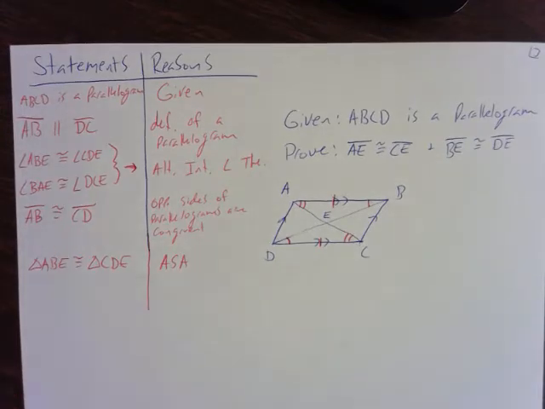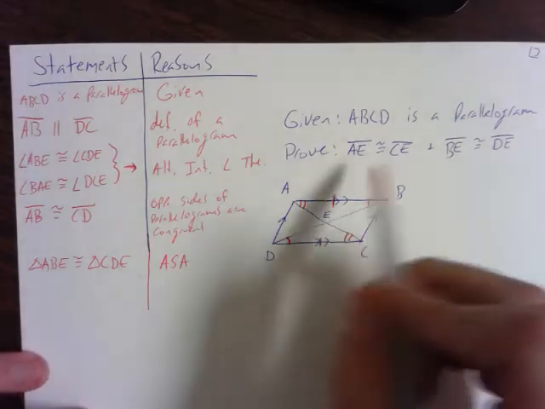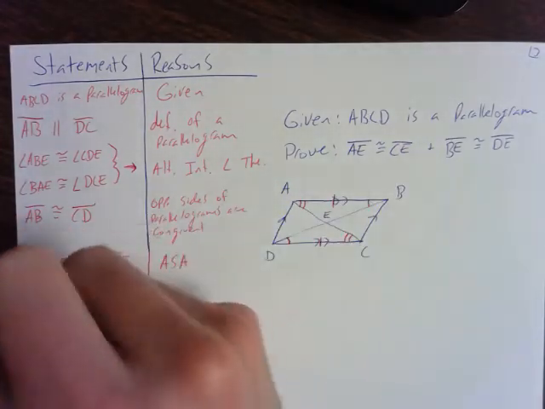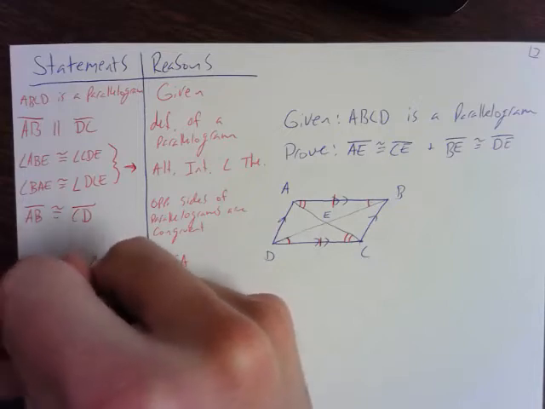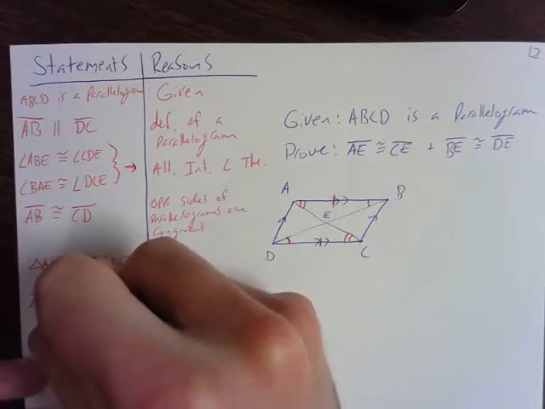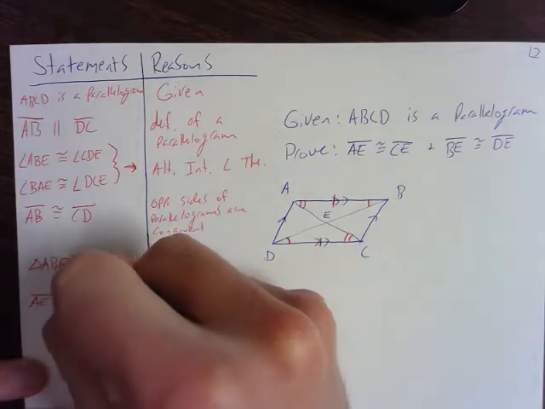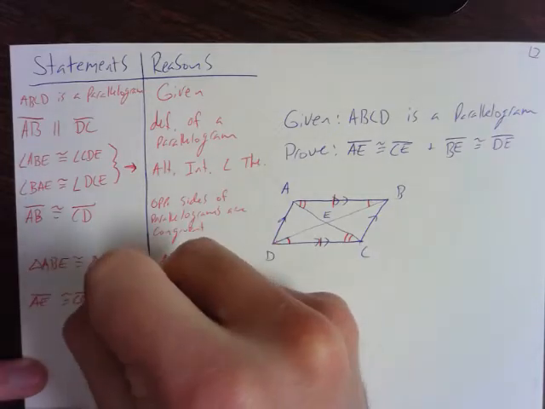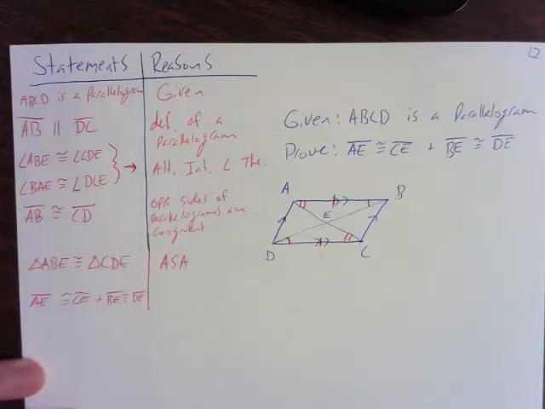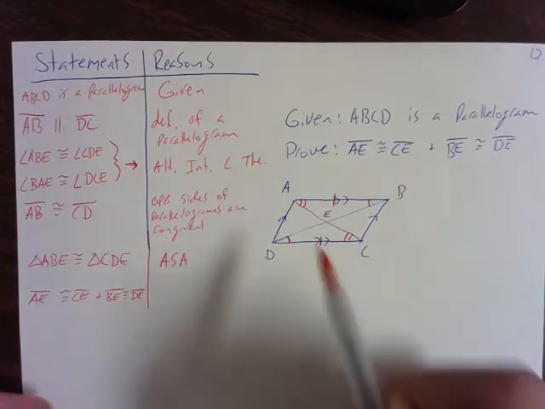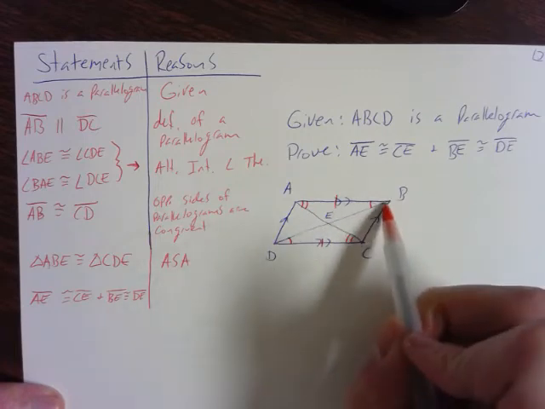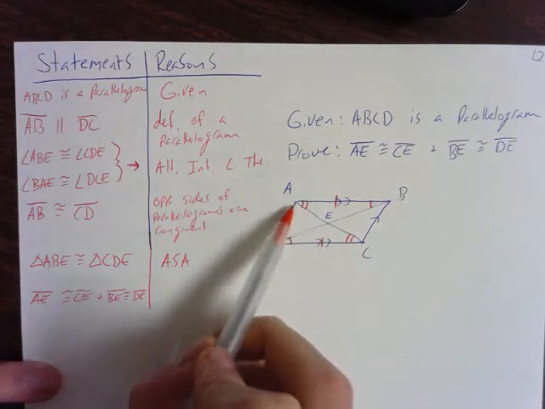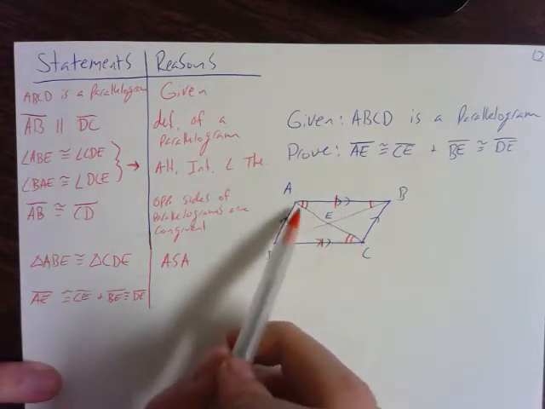Now the line segments I'm trying to prove: line segment AE is congruent to line segment CE, and line segment BE is congruent to line segment DE. This is just our proof statement. Line segments DE and BE are both on this triangle, and AE and CE are on the other.